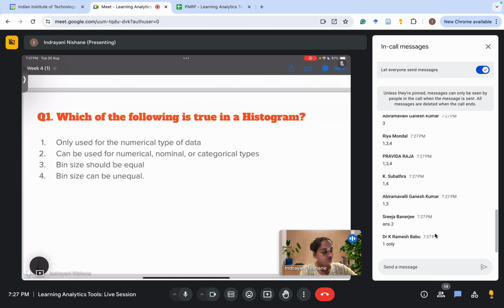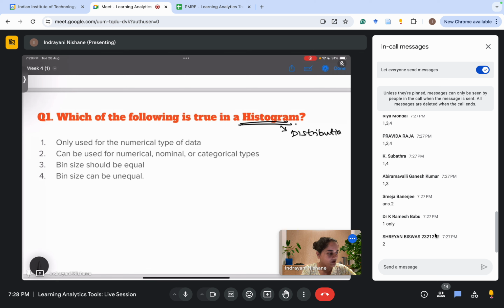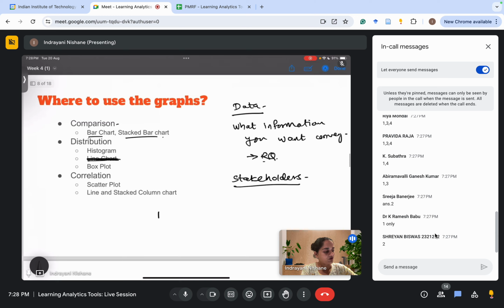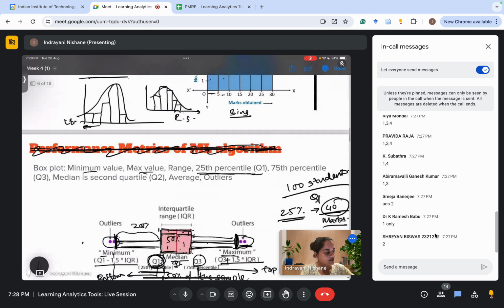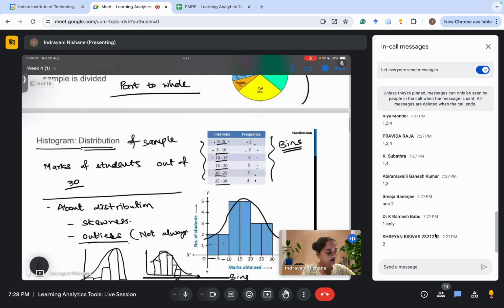We are talking about the histogram. The histogram gives us information about the distribution of our data points. If you remember from this graph, what we do is we divide our range into intervals and we calculate how many samples are falling in that bin or in that range, and then we plot it.